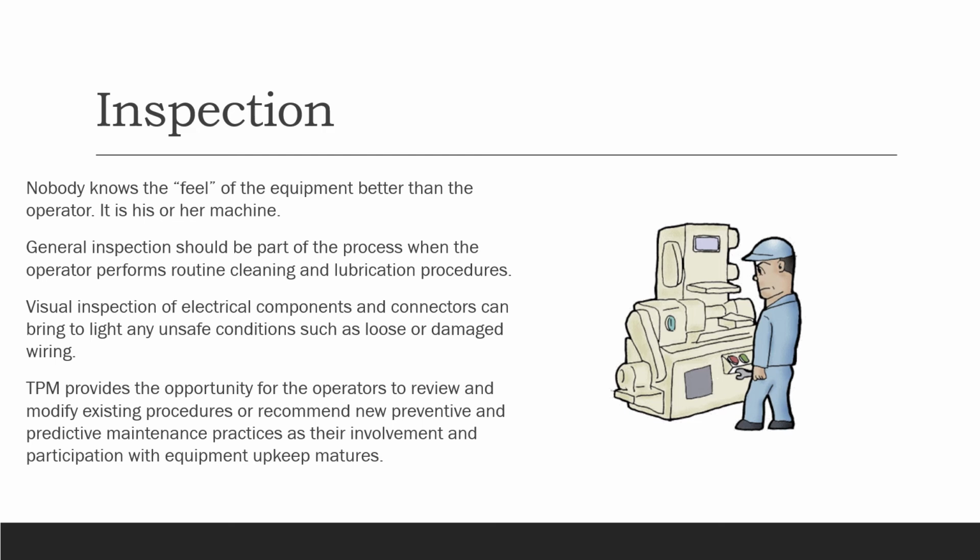The visual inspection of electrical components and connectors can bring to light any unsafe conditions. That's what we're trying to find: loose and damaged wiring, etc. TPM provides the opportunity for the operators to review and modify existing procedures or recommend new preventive and predictive maintenance practices, because they know the machine. So we listen to them.